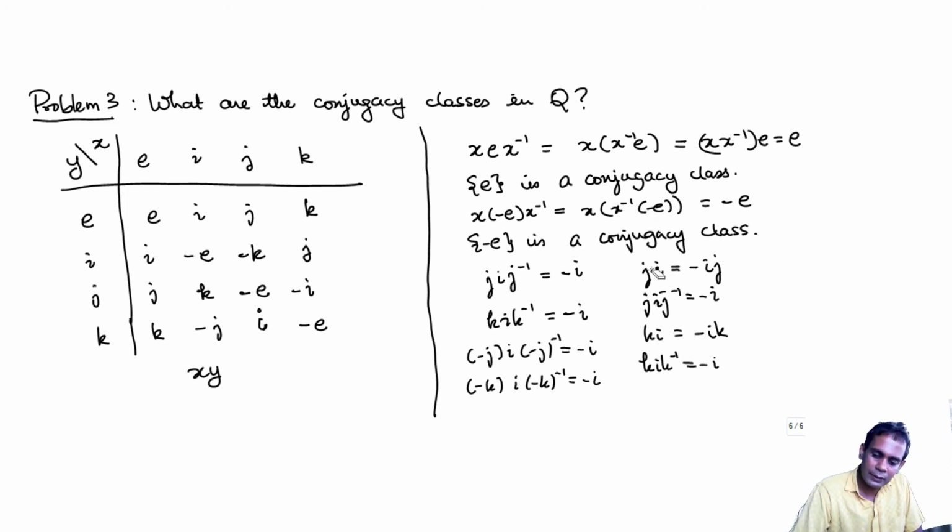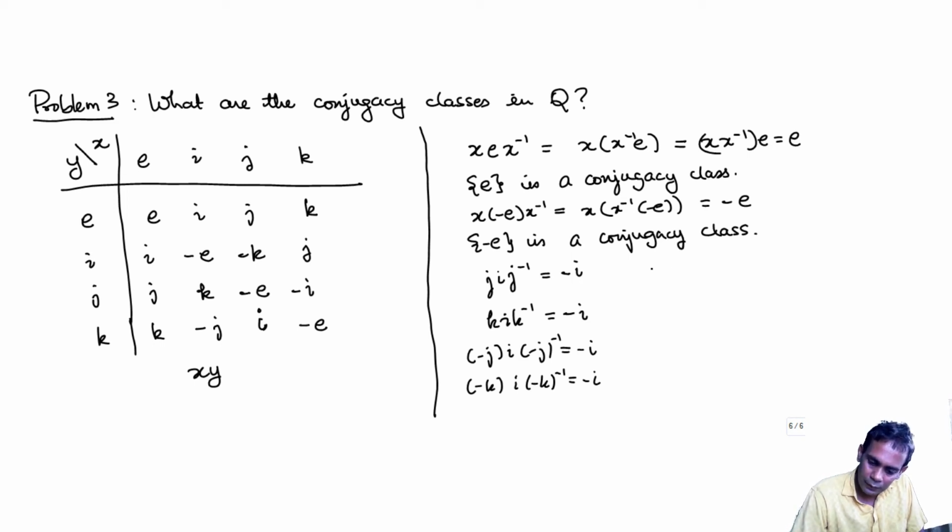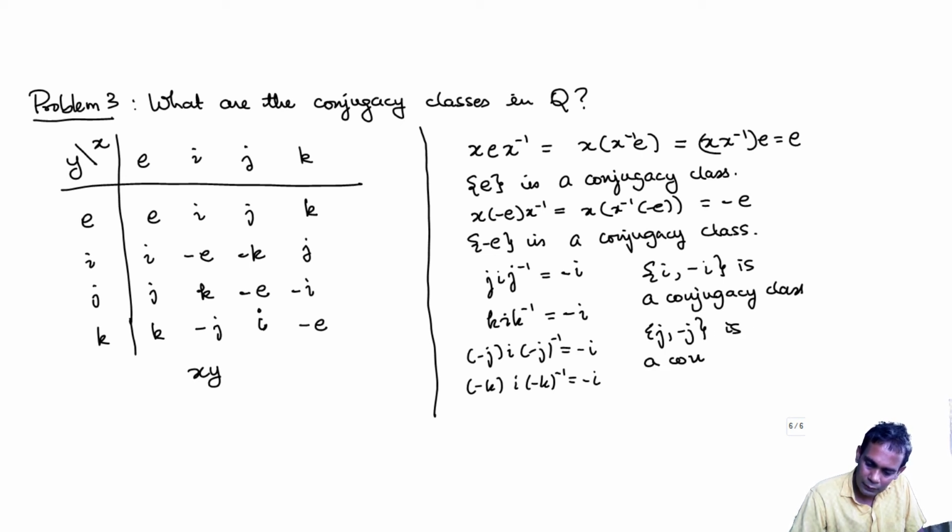So what we have is that I and minus I is a conjugacy class. Similarly, J comma minus J is a conjugacy class. Just follow the similar kind of reasoning.